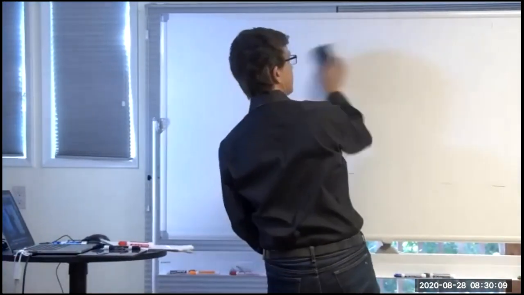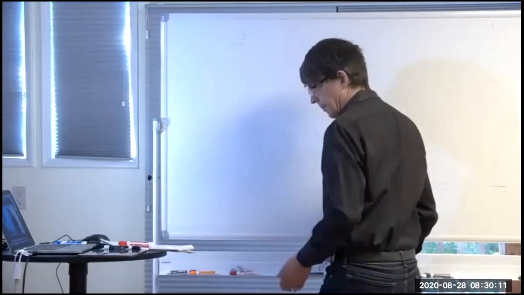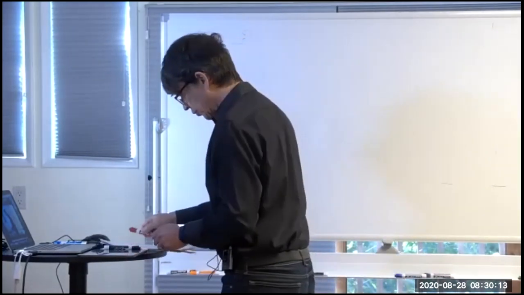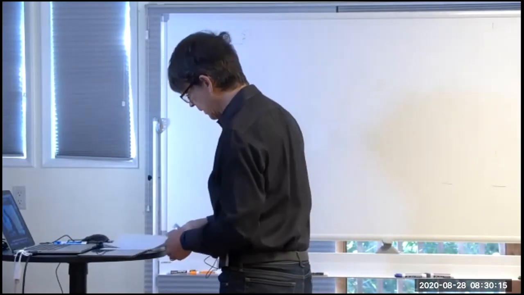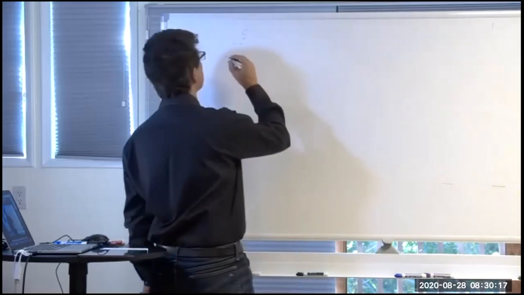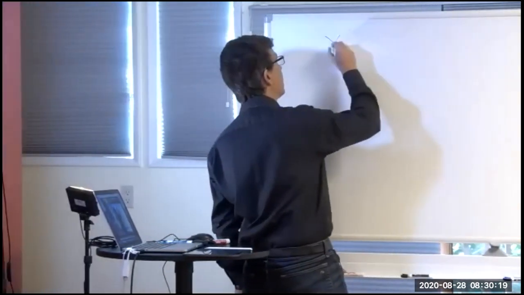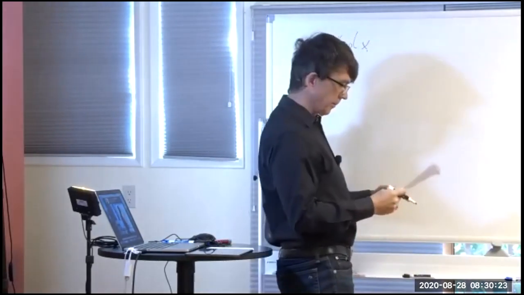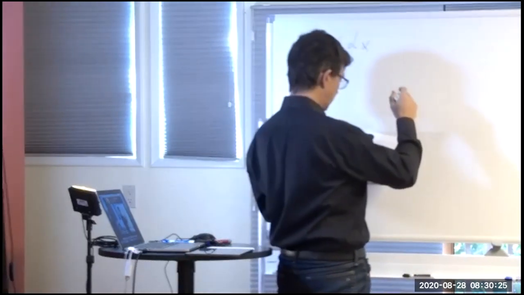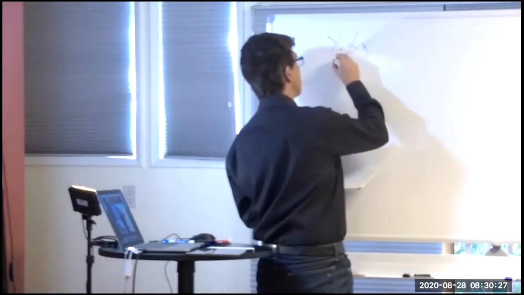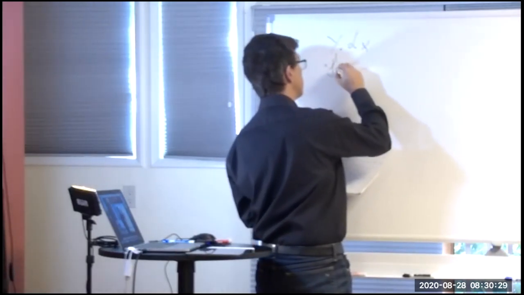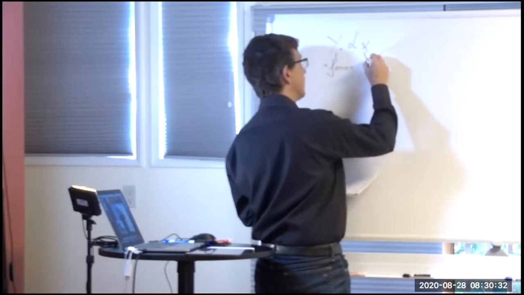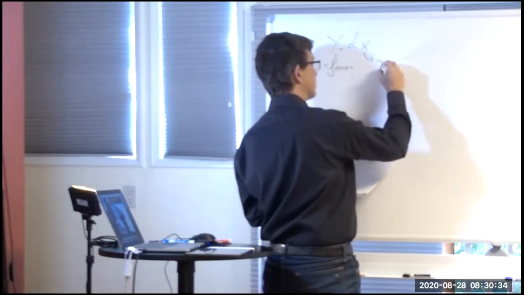Okay, I want to work these out a little more in detail. So in general, a work term looks like y dx, where y is some kind of force and x is the response to that force.